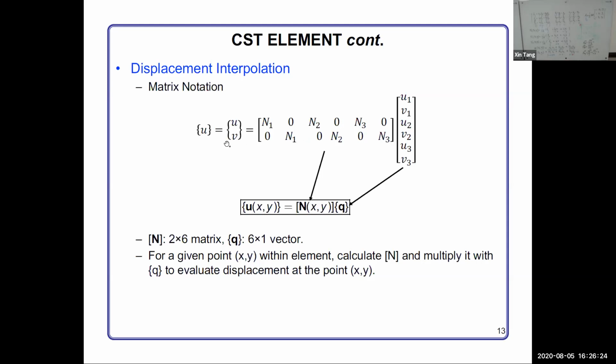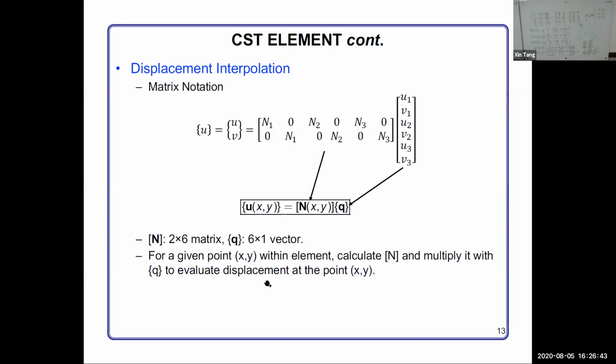So you can write the continuous mapped displacement matrix in terms of another matrix, the N matrix times the Q matrix. Q is the degree of freedom matrix.